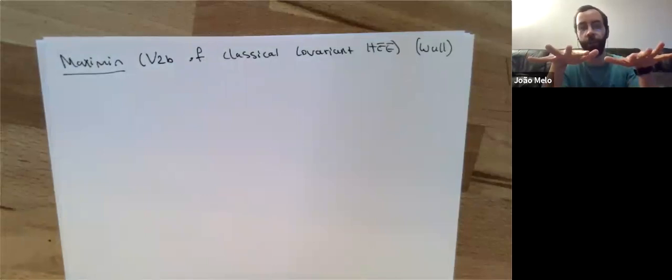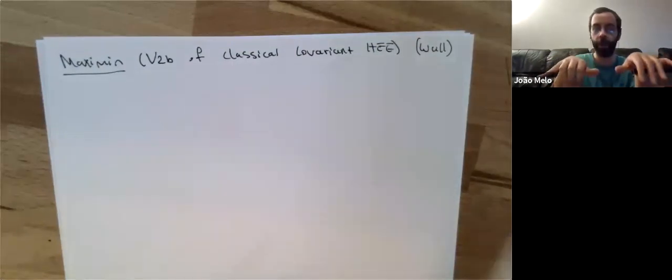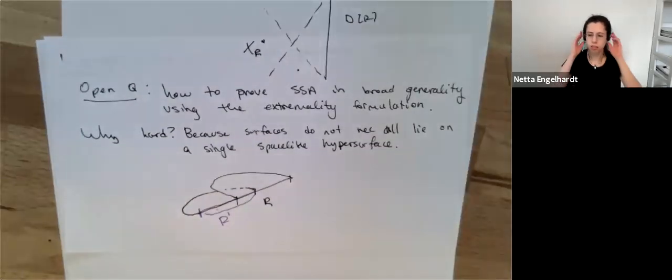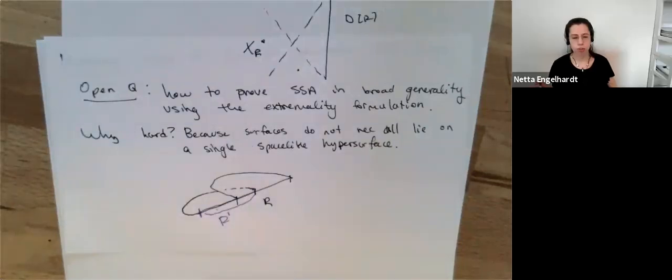But if you take any two surfaces, can't you just nest them, with the example that you found of R and R prime that don't lie in the same surface? Can't you use R union R prime, and then R is in the nesting? So for R union R prime, you can find a Cauchy slice that will contain R and the larger surface. And you can find a Cauchy slice that will contain R prime and the larger surface, but you cannot find a Cauchy slice that will simultaneously contain all three.